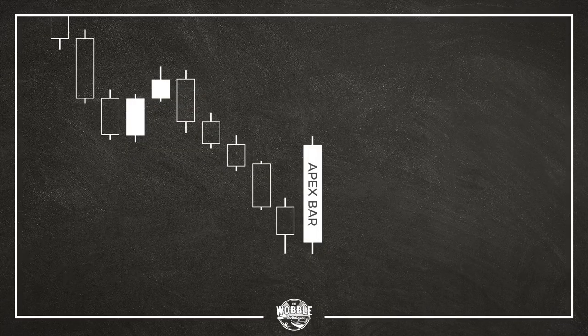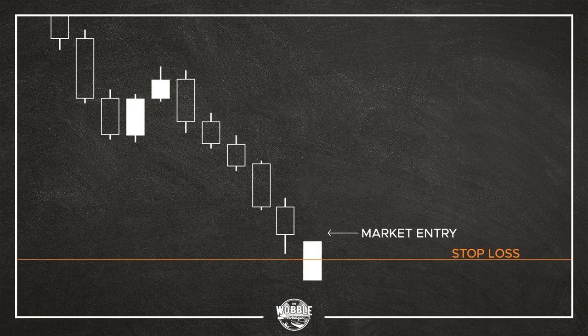So that little discovery in my trading led to the start of what we call the wobble technique. I started then chopping that max position size down into smaller pieces. So if I was entering the trade in 2 lots, maybe I'd get into a quarter of a lot down at the low of the apex bar. If the apex bar didn't form, I can simply get out, and I was at a very small amount of risk.